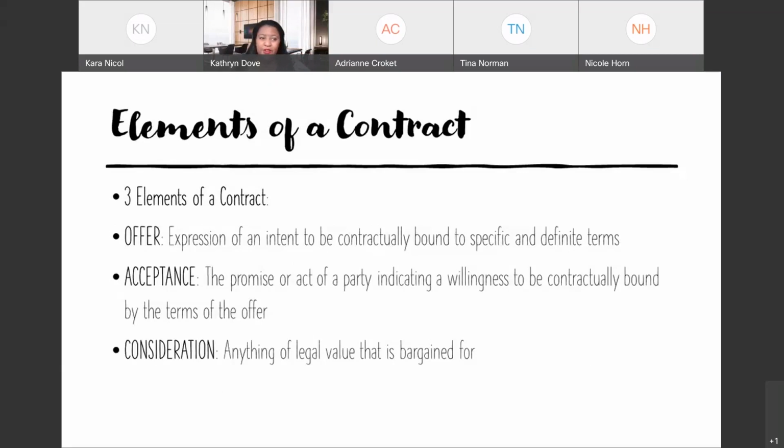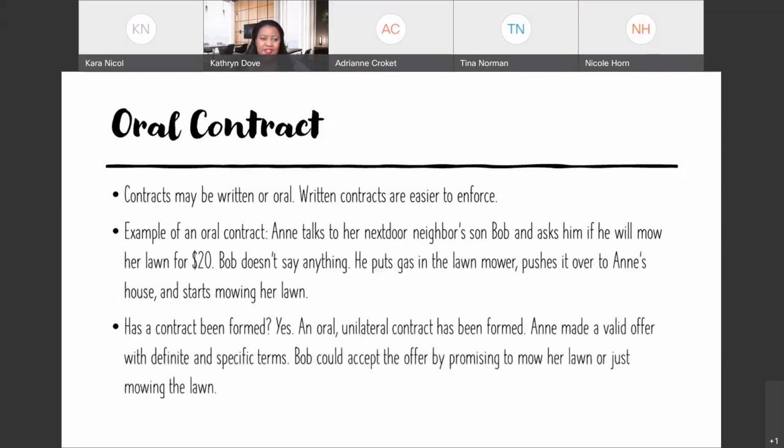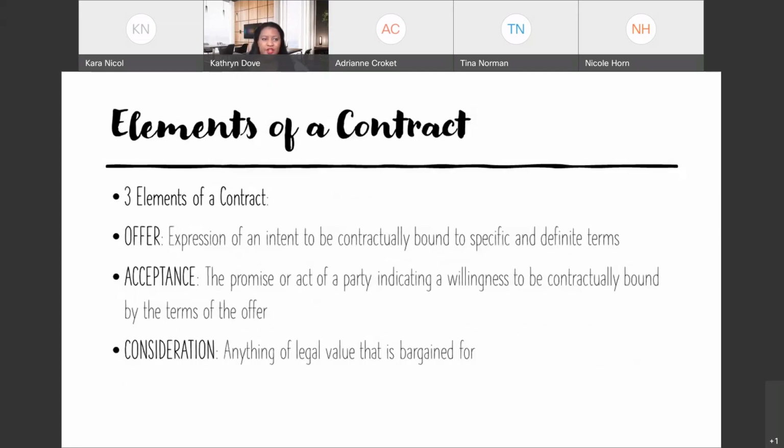That's something of legal value. The American dollar is not yet worthless. It is still worth something. So as long as American money is worth something and you get some as a part of a contract, that is consideration. What did Anne get? Her lawn mowed. Exactly. And that is worth something. That is a service that's been provided that has a value. So as long as each party receives something of consideration, that's a contract. It does not need to be in writing because of our English legal tradition.